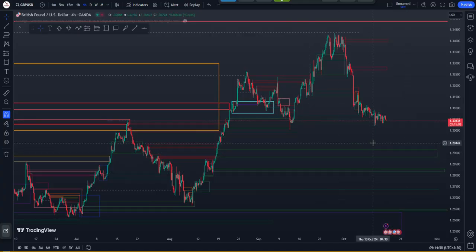I'm waiting for these demands to be engulfed, but maybe the engulfment doesn't work and price goes up, so we can go in line with that in the lower scale, not in this one.